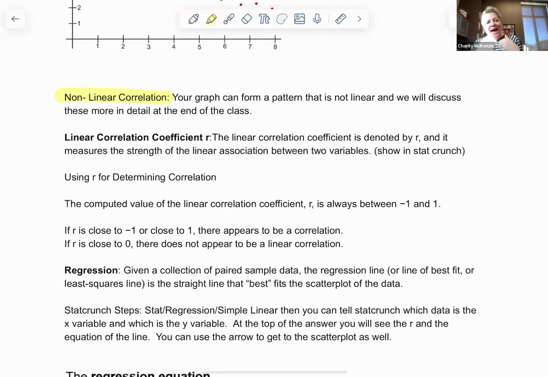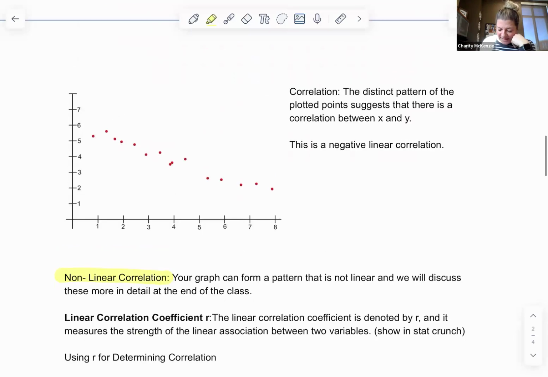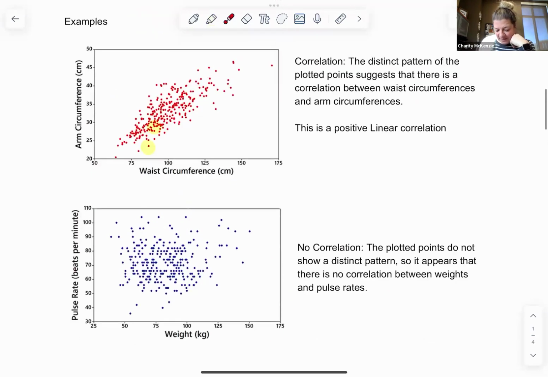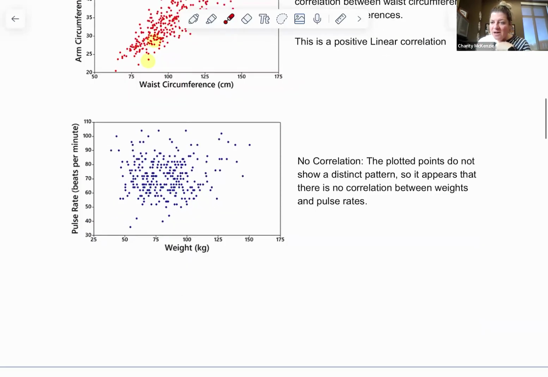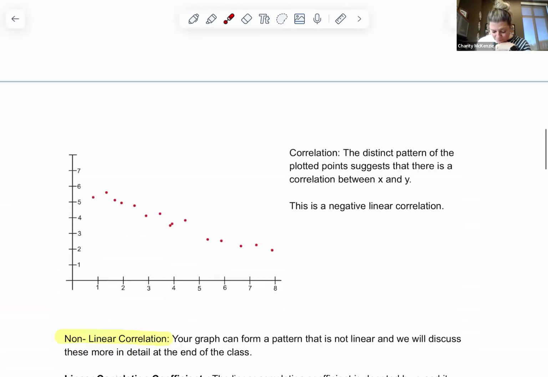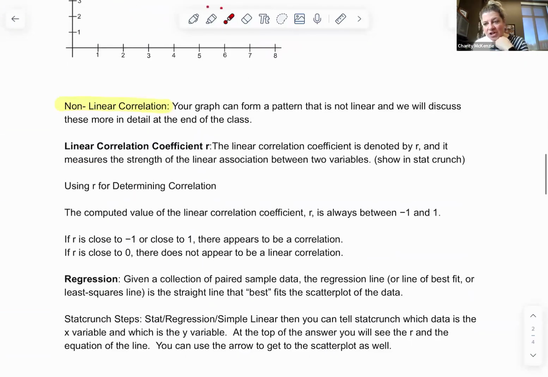So how do I know if this linear relationship here is better than this one here? One's positive, one's negative, but how do I know which one's a stronger linear relationship? Well, I know that by the correlation coefficient, and we label that with a little r.